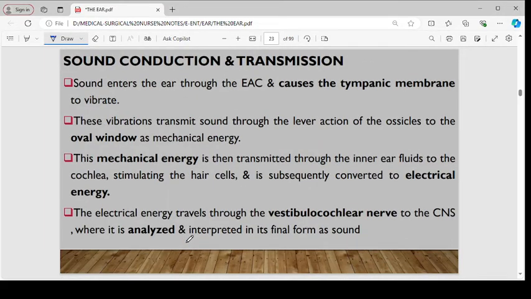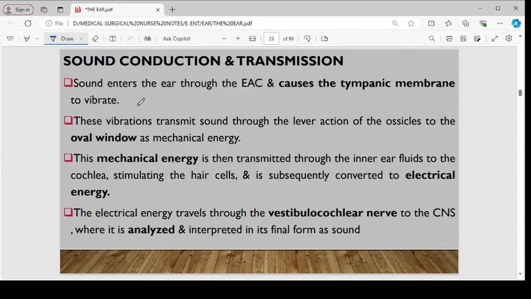So sound enters the ear through the external auditory canal, and it will cause the tympanic membrane to vibrate. This vibration will transmit sounds through the lever action of the ear ossicles to the oval window as mechanical energy.